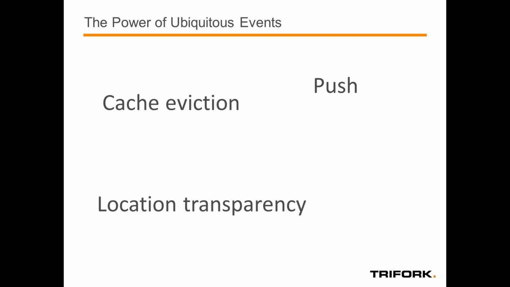A common use case as well for events is cache eviction. So instead of guessing the time to live on a cache, we can use fact-based eviction. We can just wait for a specific event to happen that tells us that a cache entry is stale, and we can then evict it based on a fact instead of an estimation of how long data should be kept in the cache.